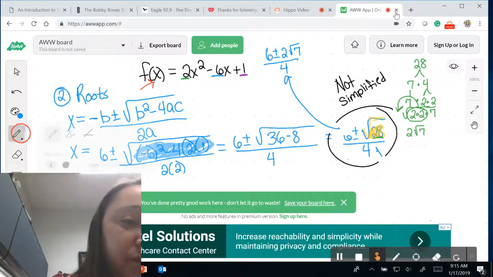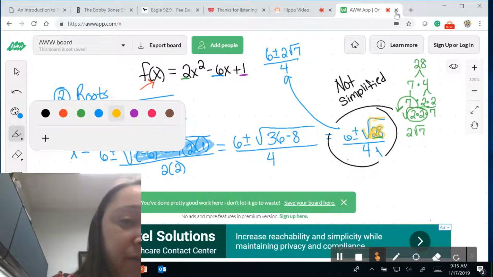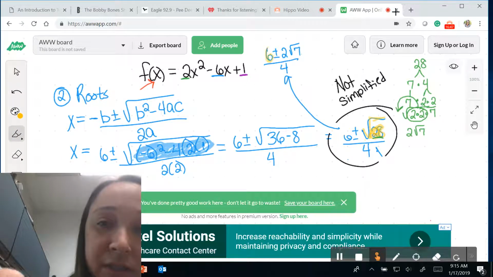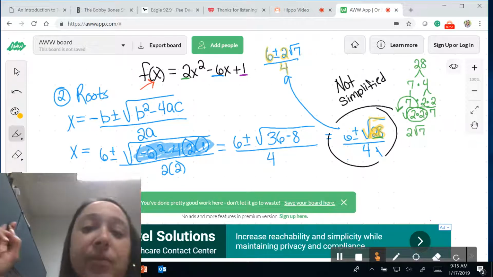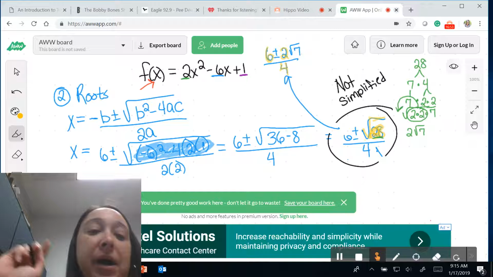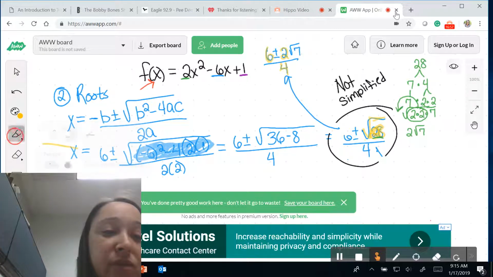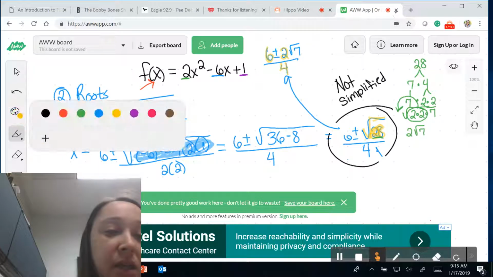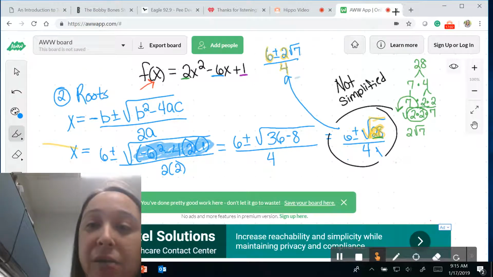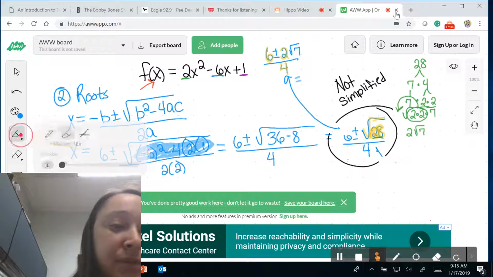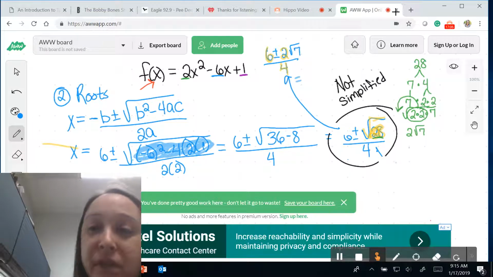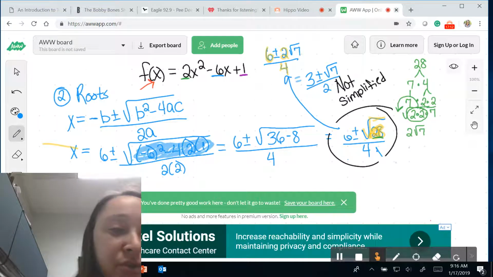And if you notice, we have a 6, a 2, and then a 4. All of those are divisible by 2. So I can divide all of those by 2, which means I can reduce that fraction. My reduced fraction will now be 3 plus and minus 1 square root of 7 all over 2.